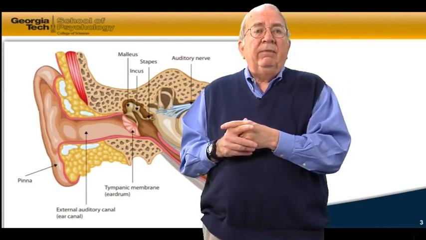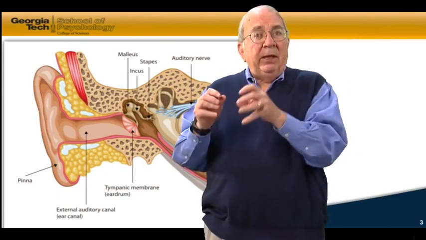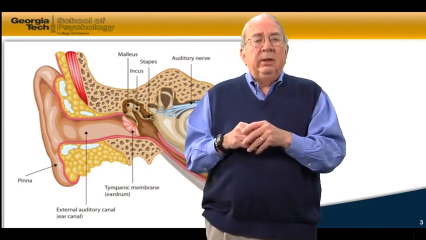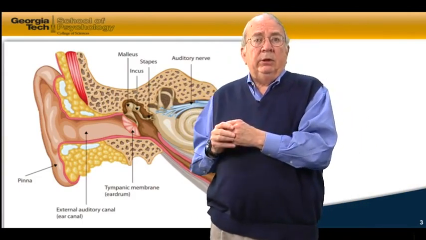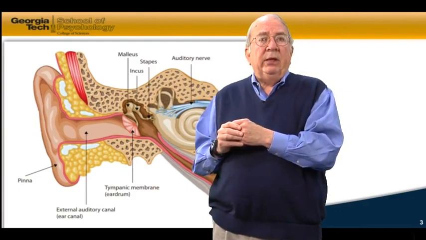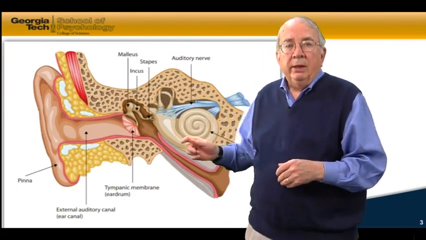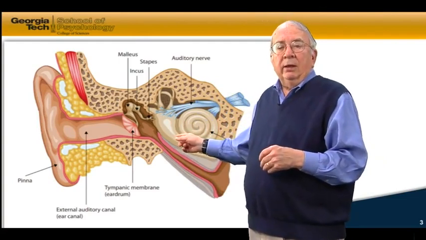If it's a high-pitched tone, it'll stimulate one particular part of the organ of Corti, the hair cells. If it's a low-pitched tone, it will maximally stimulate other parts of the organ of Corti. So pitch, or frequency, is determined by hair cells located in the cochlea.